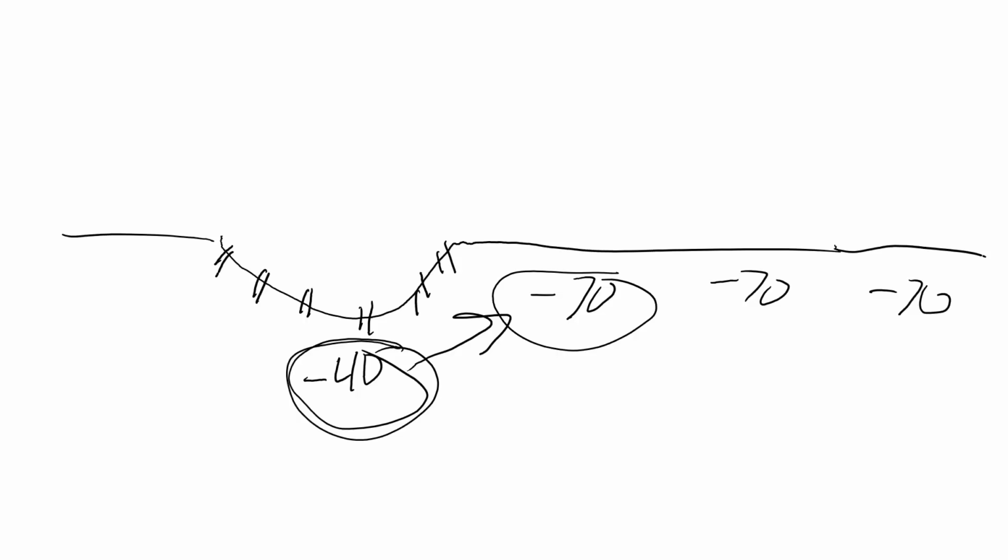Now the interesting thing is, this adjacent area, right, where it's negative 70 presently, is not actually going to be able to be depolarized all the way to negative 40 like the area underneath the synapse was.